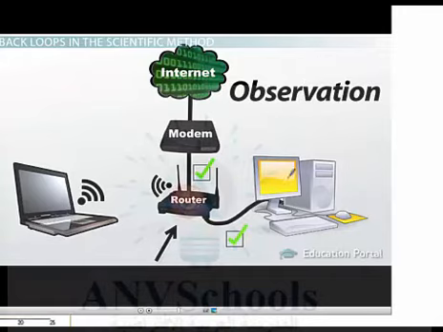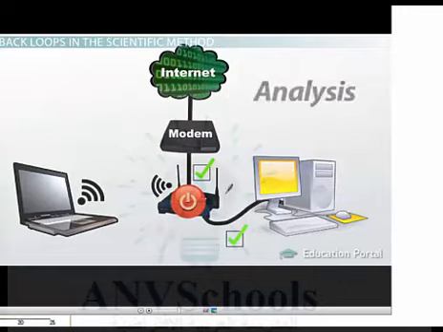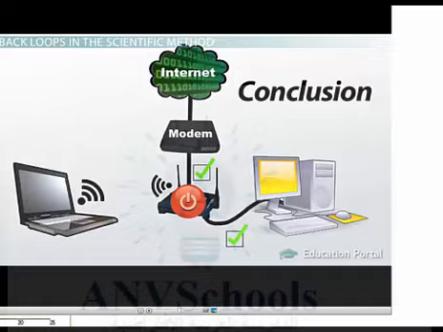So this observation can start from any place here. It could start from looking at the cable here, or at the router, and so forth. So that is what we mean by scientific investigations.